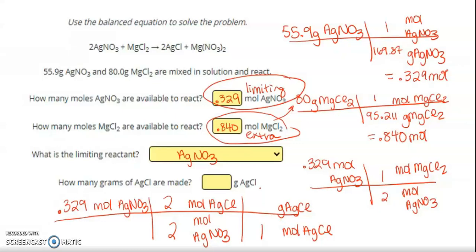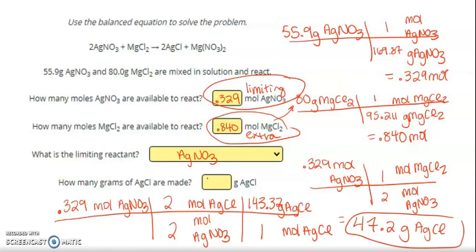Grams to moles, 1 mole of AgCl has Ag plus Cl is 143.32 grams. Punch in your calculator, 0.329 times 2 times 143.32, divide by 2, divide by 1 equals, and you get 47.2 grams AgCl. So that's the amount you would make, 47.2 grams of AgCl.